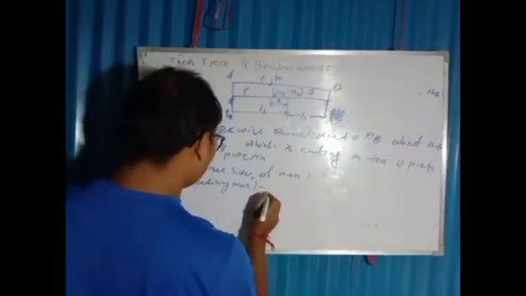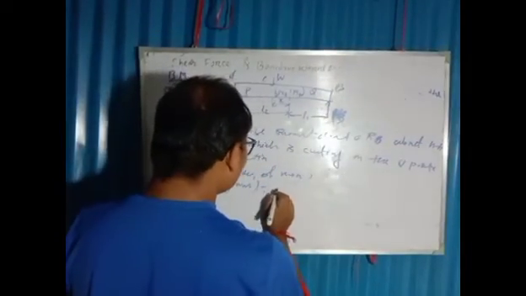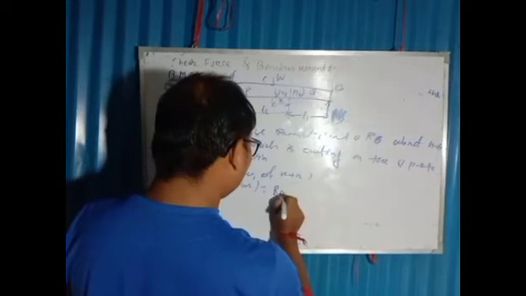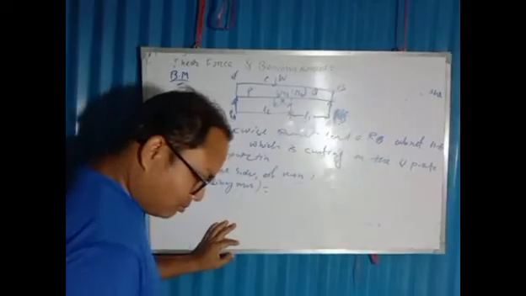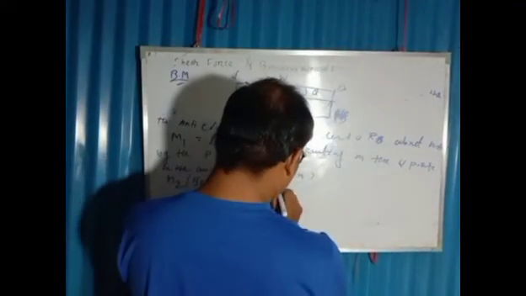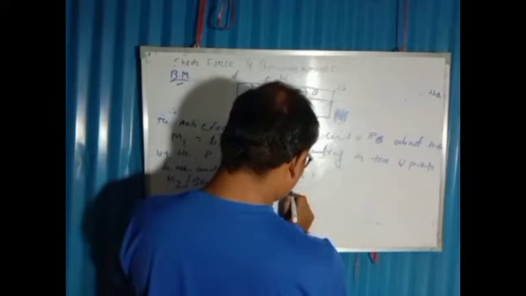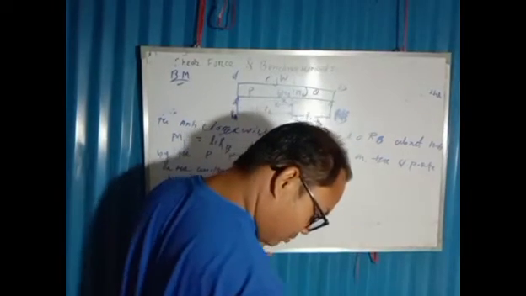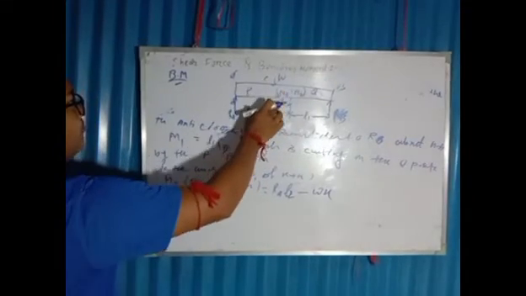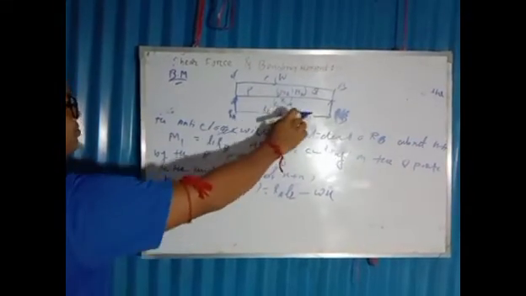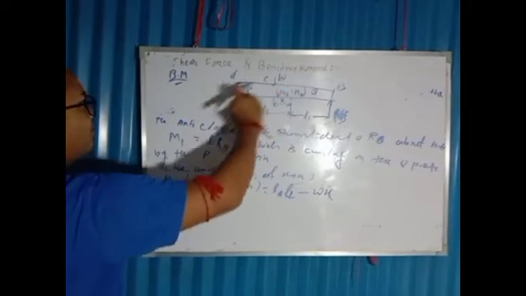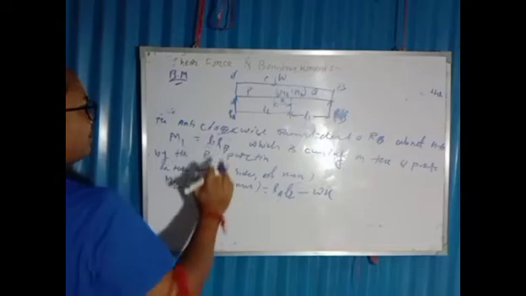The moment is the algebraic sum of these moments. The algebraic sum of moments on the other section will be RA times L2 minus W times X. On the left side, due to the application of force, two forces act about this axis, RA and W, on the left side of this section.